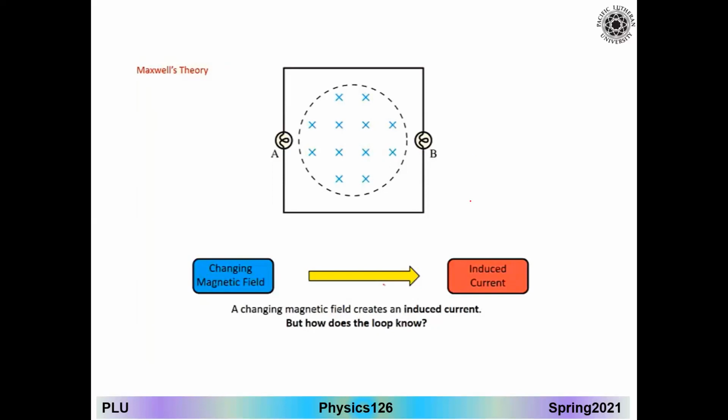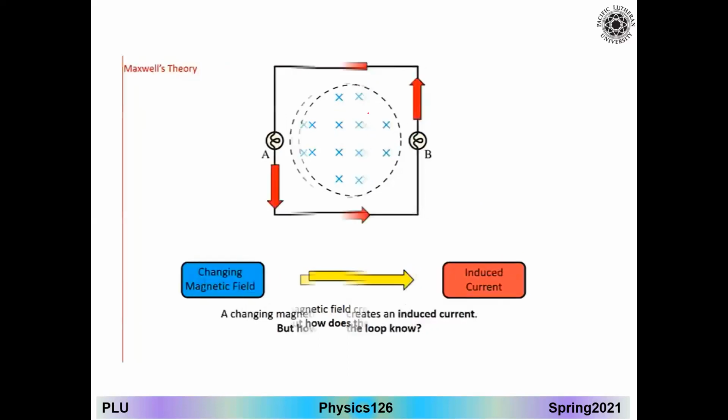We saw this example before: here is a loop, totally isolated from the wire, it doesn't touch the wire itself. And you remember, according to Lenz's law, we found that even though this loop doesn't touch the wire, in the magnetic field we still find an induced current.